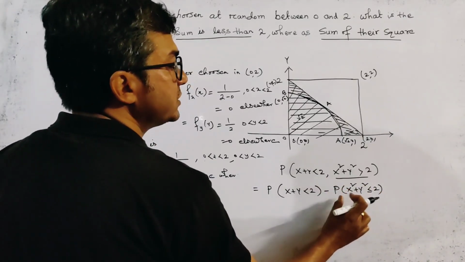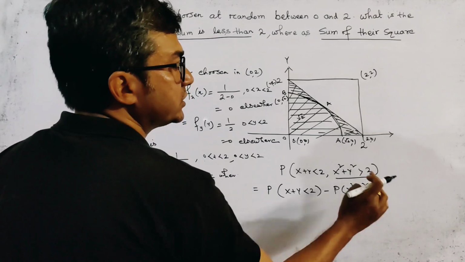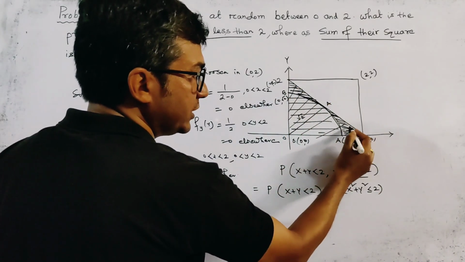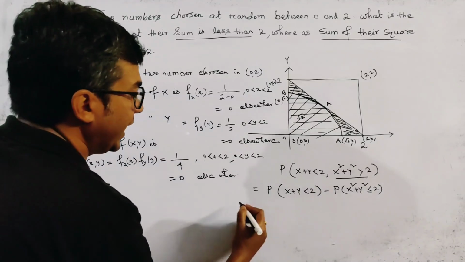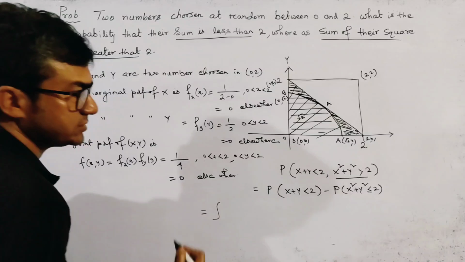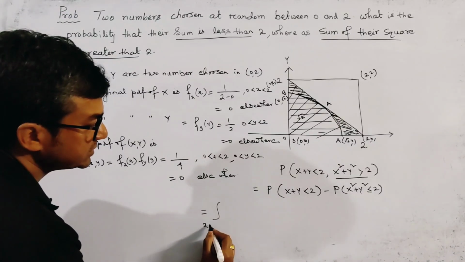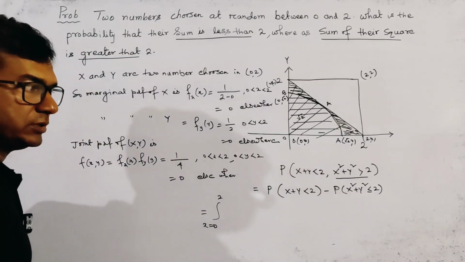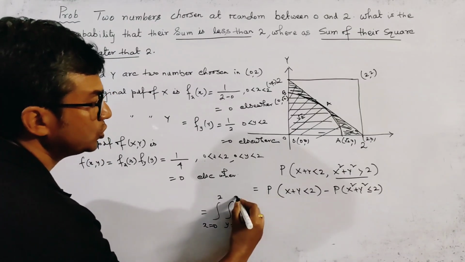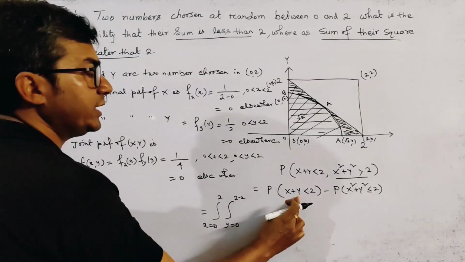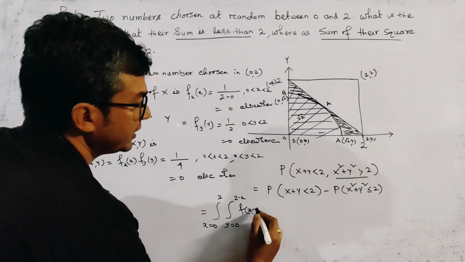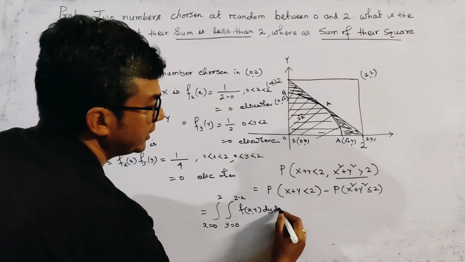The first probability can be written as the integral of x from 0 to 2, and y from 0 to 2 minus x, because y is less than 2 minus x, of f_XY dy dx.